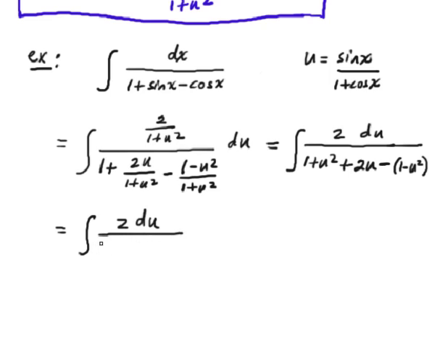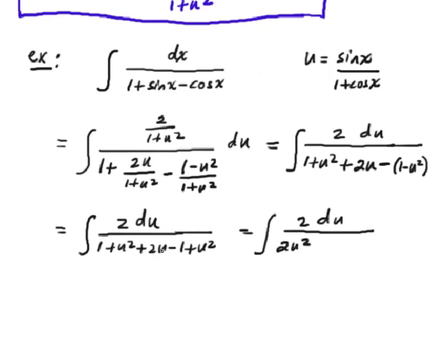Let's see, we have 1 plus u squared plus 2u minus 1 plus u squared. Okay, so we have a 2u squared. And the 1 and the minus 1 cancel, and we have plus 2u.